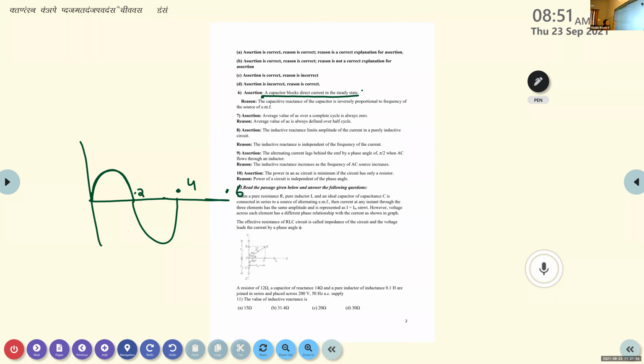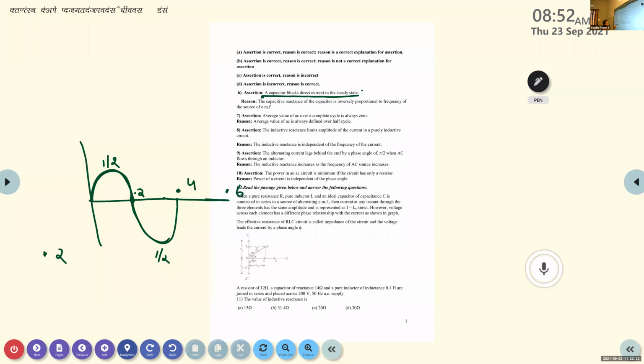Now only we can say AC over a complete cycle. This is the half cycle. This is the next half cycle, but it is in the opposite direction. So our assertion is: average value of AC over a complete cycle is always equal to 0. Is it correct or incorrect? For the first half cycle, the value, for example, we can take as 0.2.